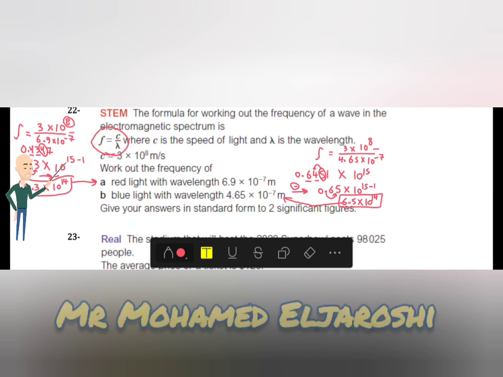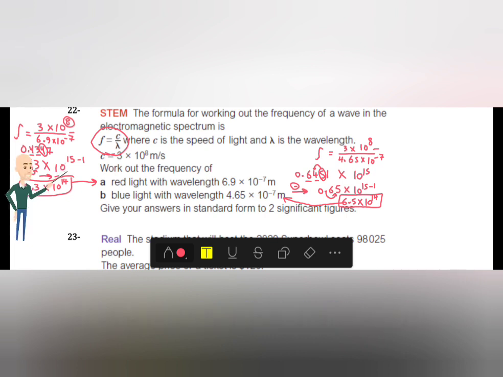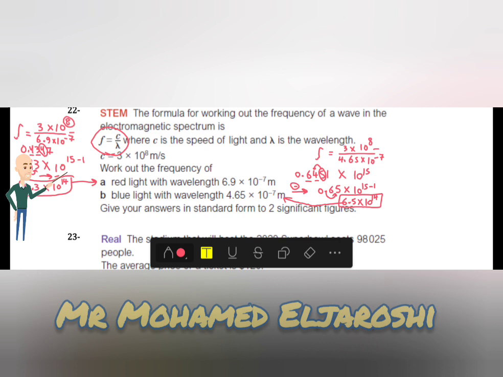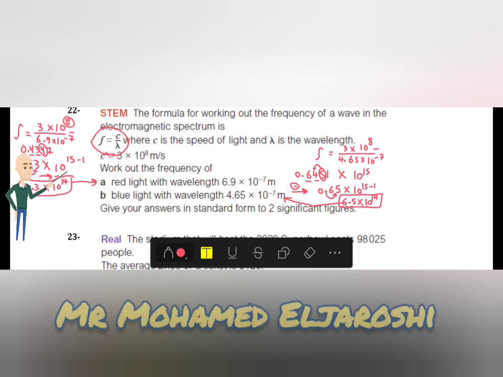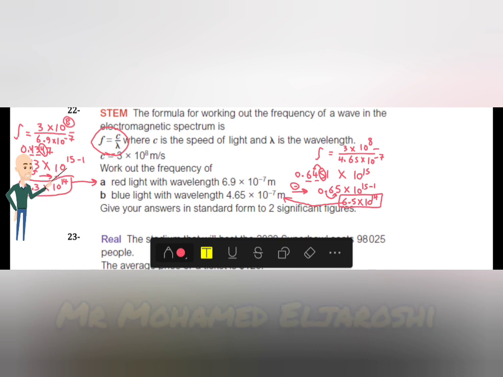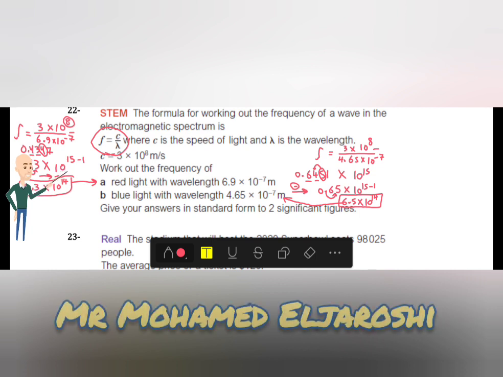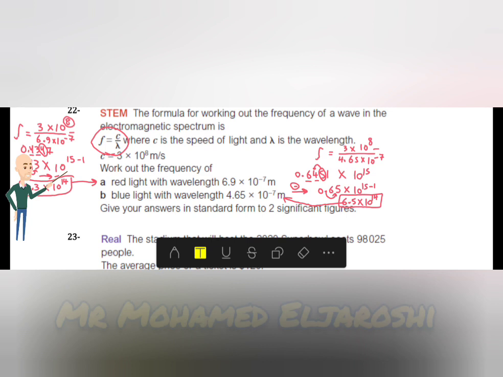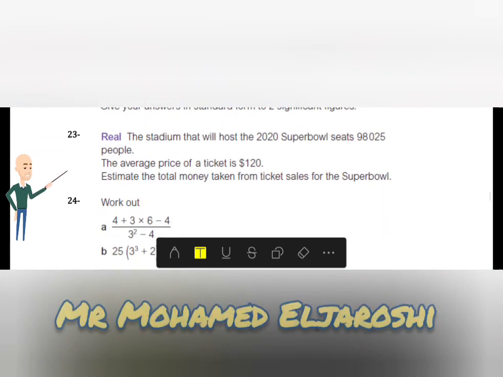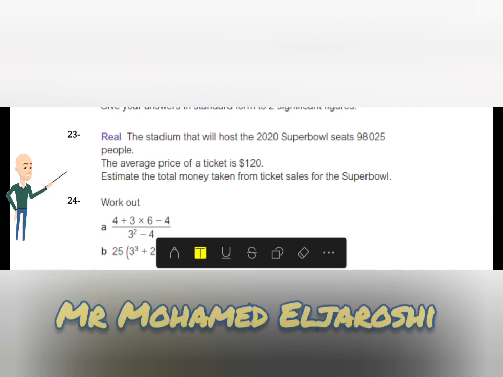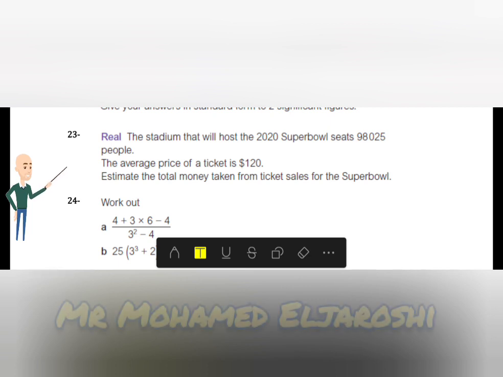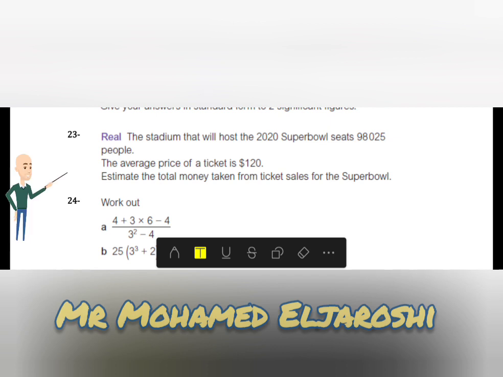So I found the frequency for both lights using the wavelength and using the formula of the question. And this is how you answer a question like this. Now let's move on to the next question. Question 23. The stadium that will host the 2020 Super Bowl seats 98,025 people.